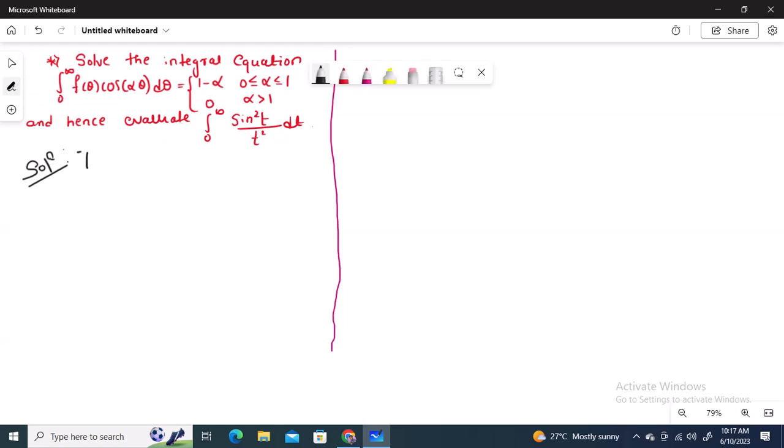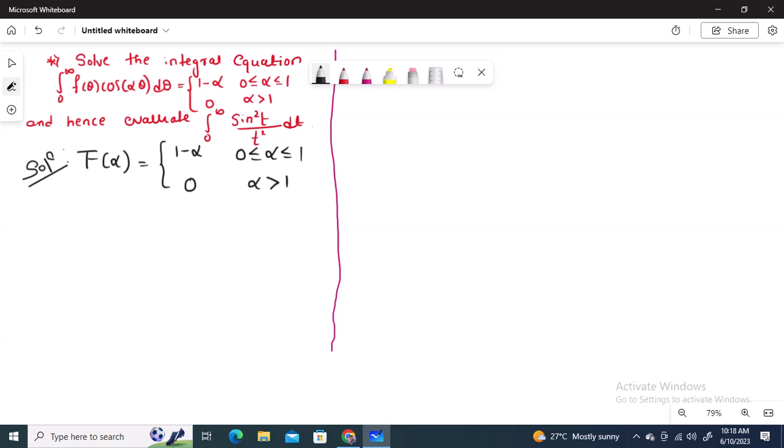So f of alpha equals, what is f of alpha? They have given f of alpha value is 1 minus alpha, where alpha lies between 0 and 1, and in all other cases alpha value is 0.